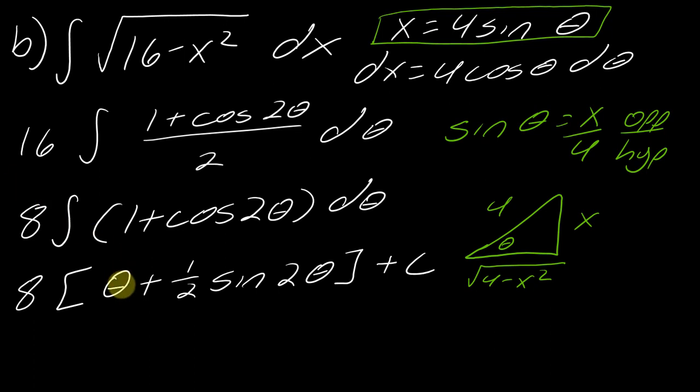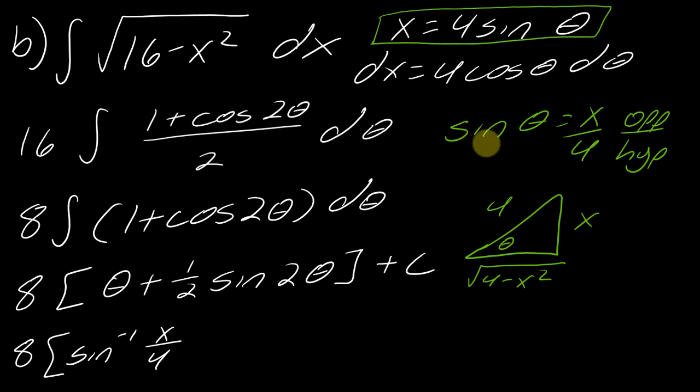So theta, I have to get theta by itself. And so if I look at this relationship here, how would I get theta by itself? I would use arc sine, right, or inverse sine. So this will be 8 times inverse sine x over 4, right?